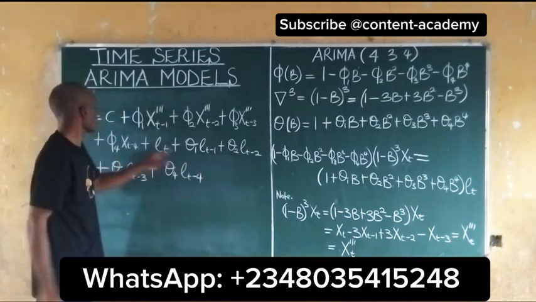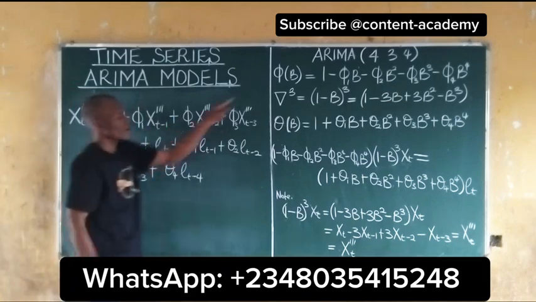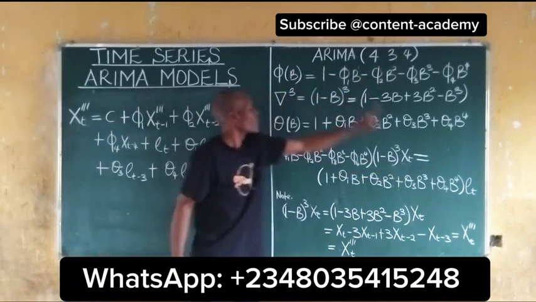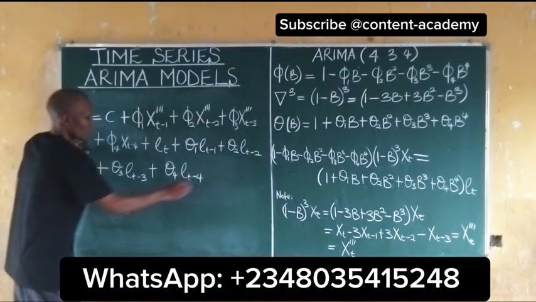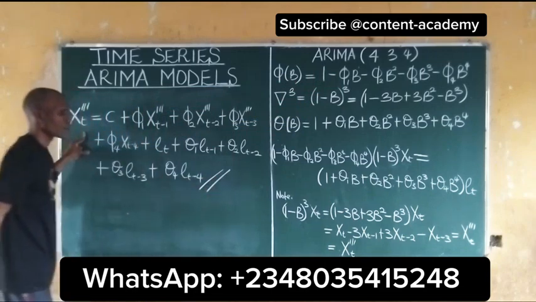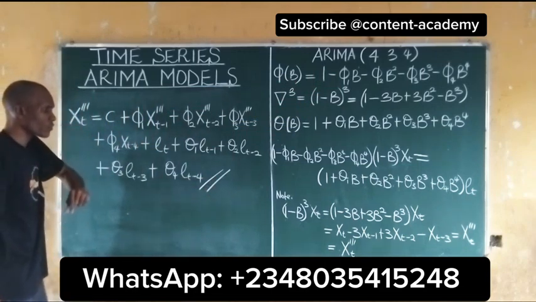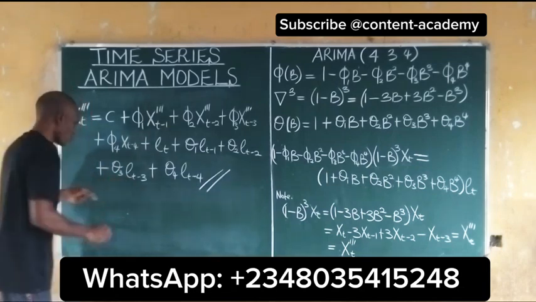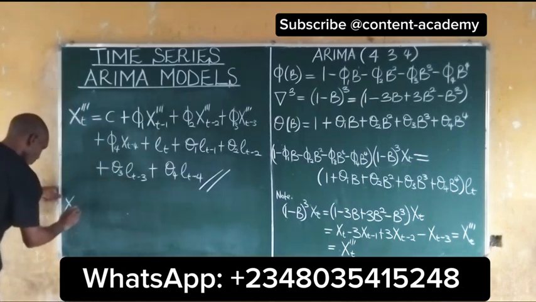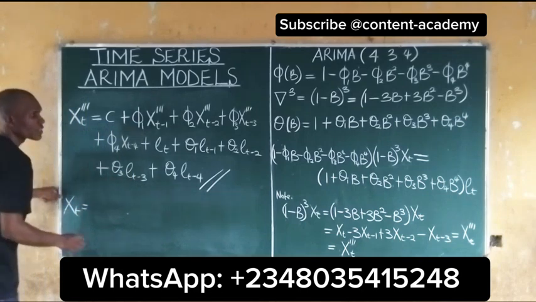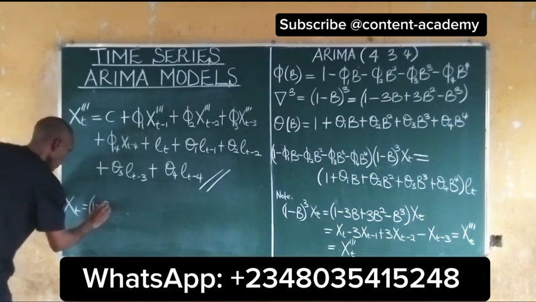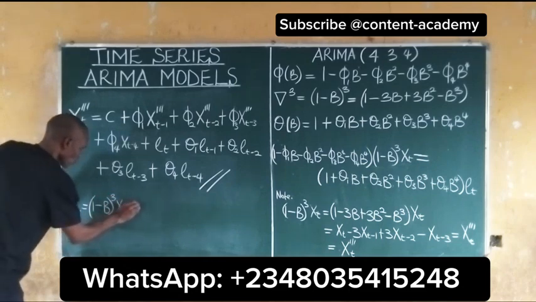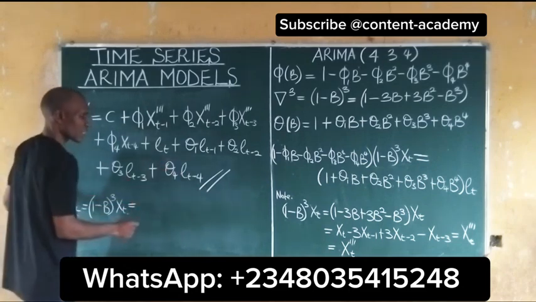So this becomes our ARIMA 434. It becomes our ARIMA model of order 434, what we have just written here. We also need to note that this Xt we see here is equal to (1 minus B) raised to the power of 3 Xt, and it's also equal to what we have written there.